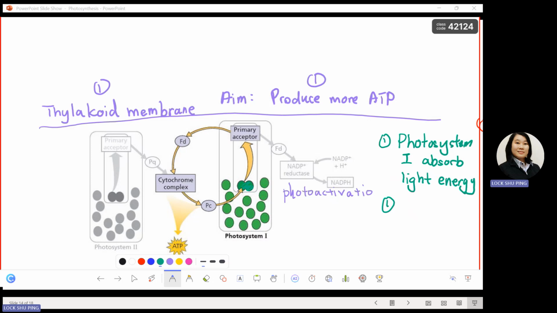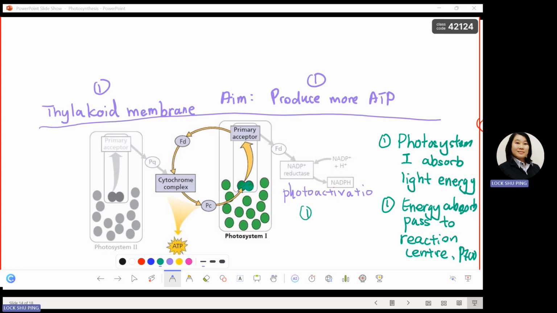Okay, so the energy absorbed will pass to the reaction center. So who is the reaction center? The reaction center, the P700. So this is another 1 mark.